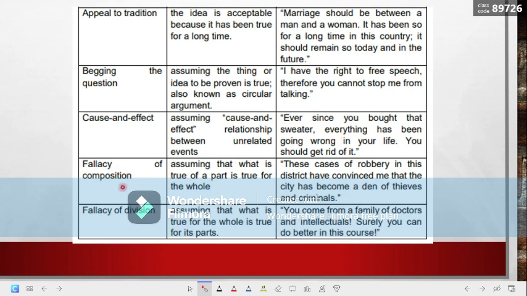Then let's have fallacy of composition. It's characterized as assuming that what is true of a part is true of the whole. Example, these cases of robbery in this district have convinced me that the city has become a den of thieves and criminals.